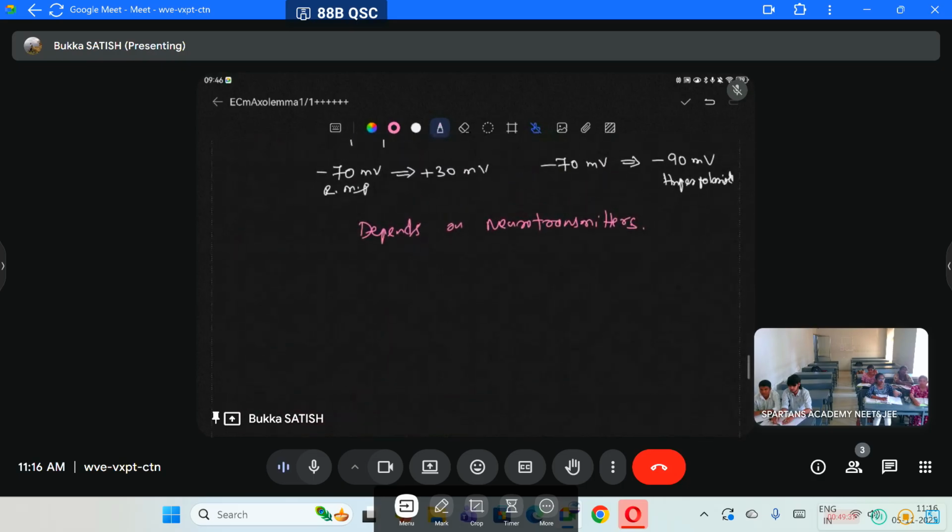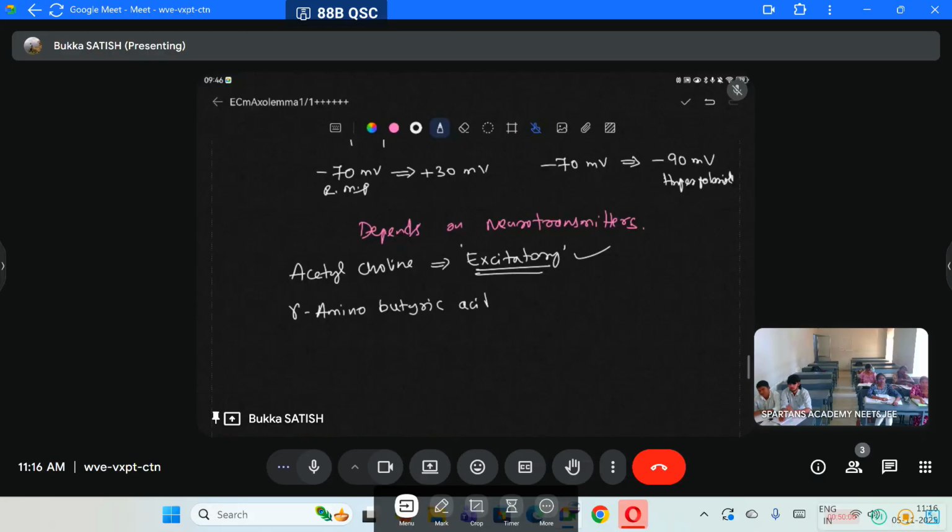Acetylcholine, good. For example, acetylcholine, if you see, it is actually excitatory. Now, what is mentioned in the textbook is only this, the excitatory one. But if you see gamma aminobutyric acid, in short, we call this one GABA. It is also a neurotransmitter. This one is actually an inhibitor.